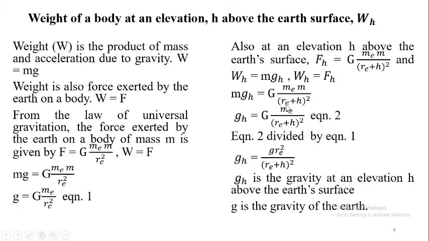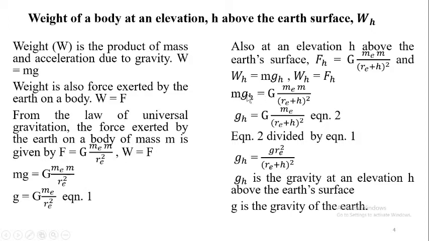And then we also said that at an elevation above Earth's surface, our force will be equal to G times the mass of the Earth times the mass of a body all over the radius of the Earth plus the elevation of the body all squared. And then to find the weight of a body at a height, you multiply the mass of the body times the gravity at that height.